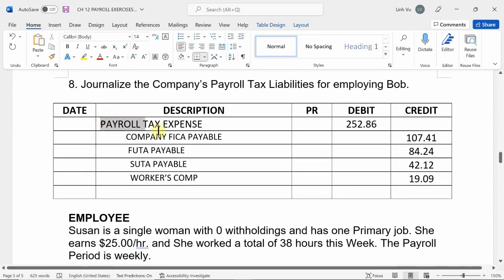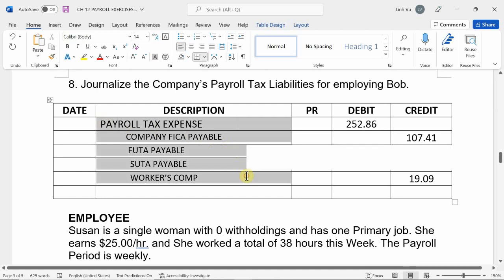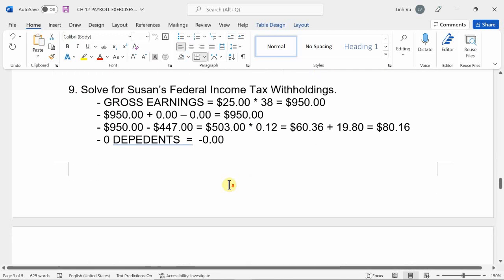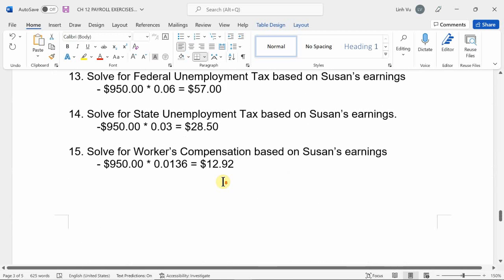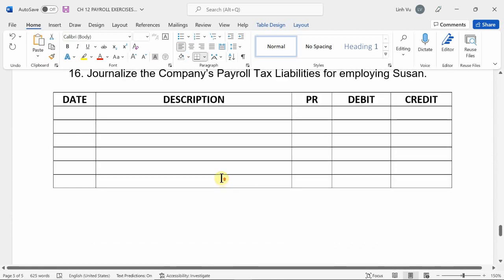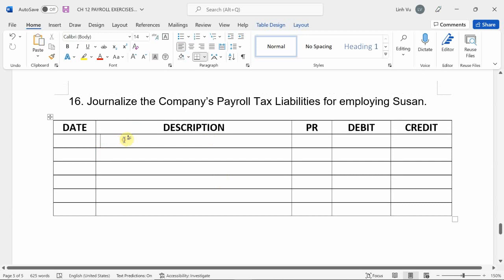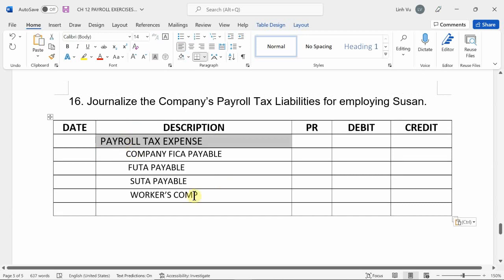For the debit it's payroll tax expense, and then the credit is FICA, FUTA, SUTA, and workers' comp payable.